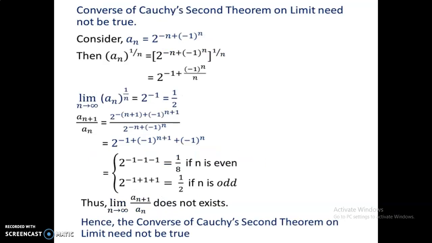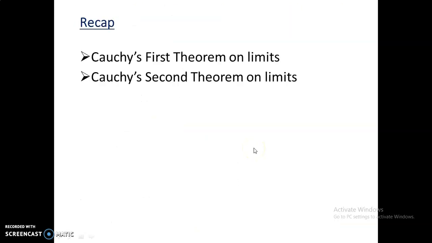The converse of the second theorem need not be true, by taking this example. We have got these two values as a result, so the limit of a_{n+1} by a_n does not exist. Hence the converse of Gauss's second theorem on limits need not be true.